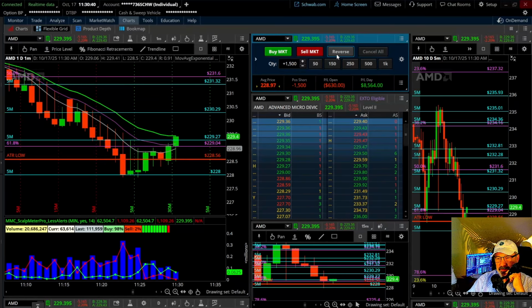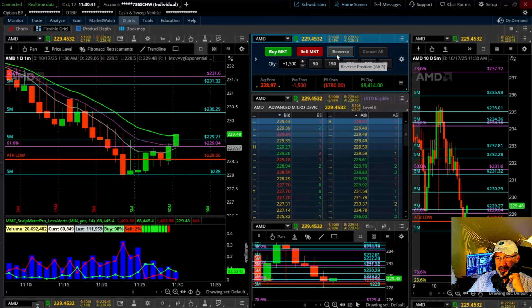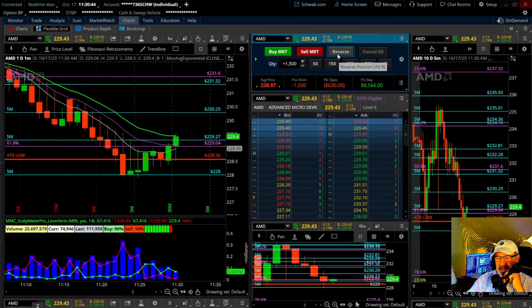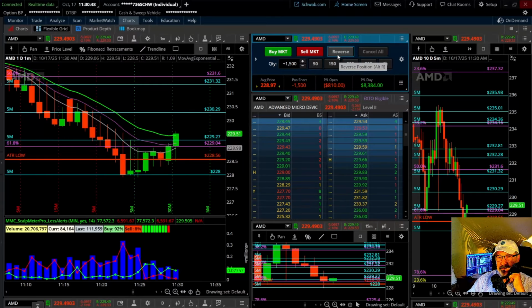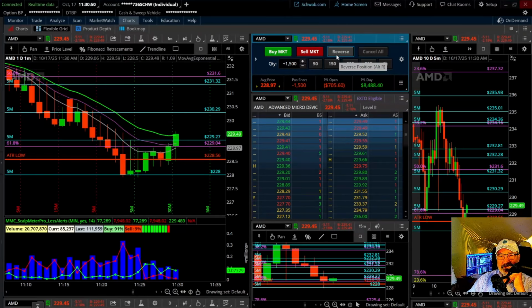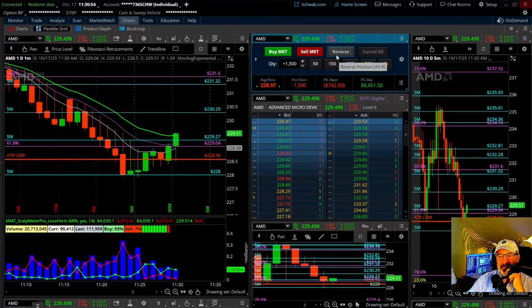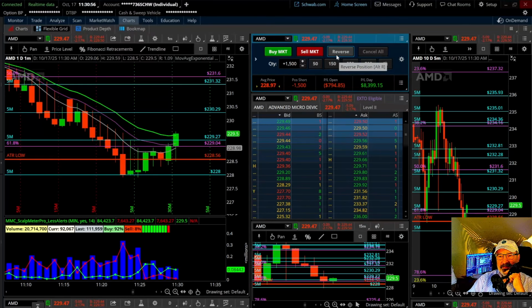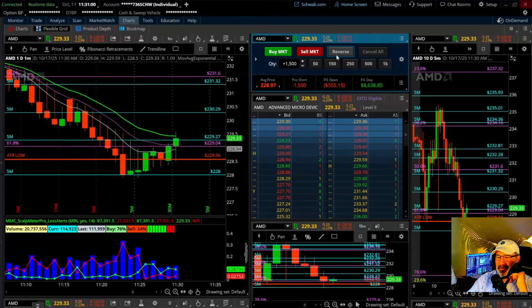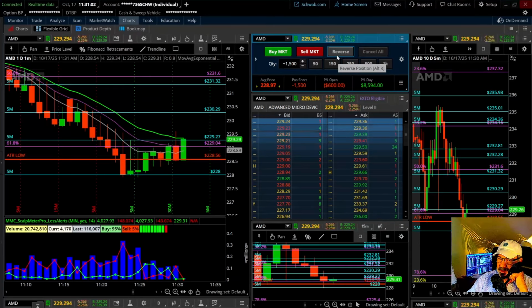That's where it was flipping around before, the 229.30. This is my worst. I don't want to take this now. I'm going to wait for a retracement down. Yeah, I'm missing a lot of trades here because my position sucks right now.